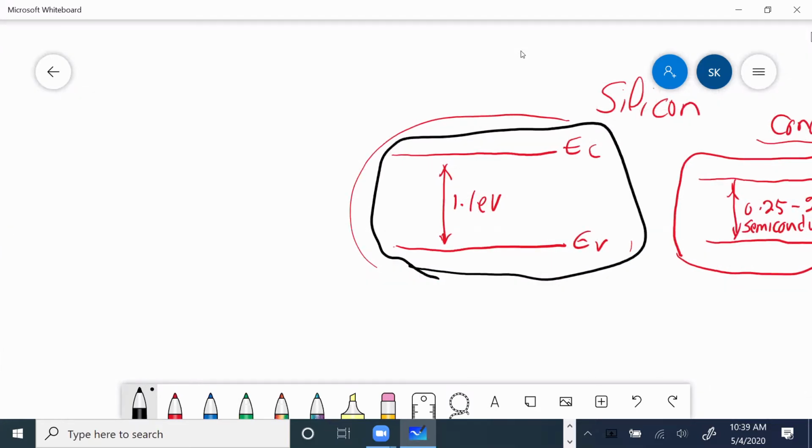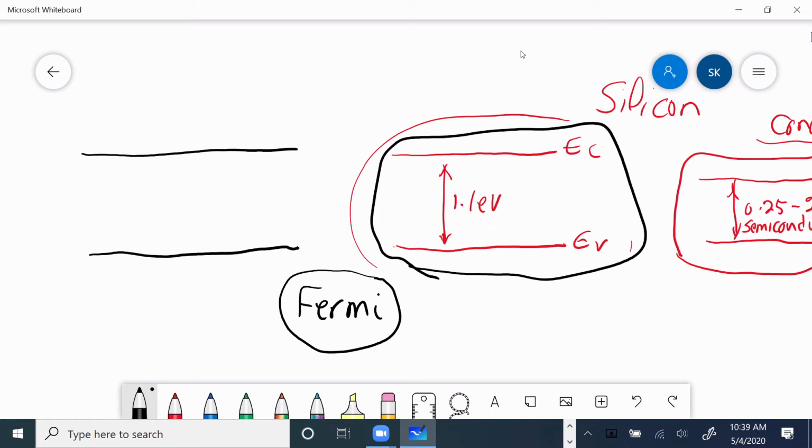Now, this guy named Fermi, this French scientist, helped us by understanding this semiconductor and all semiconductors. He brought an imaginary energy level, I hope this is right, called the Fermi level.